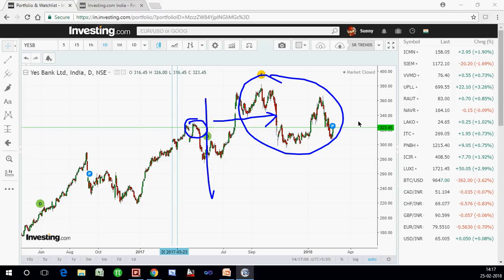Okay, moving on. So what we are trying to do is, what is the probability of the price moving in a particular direction, right?